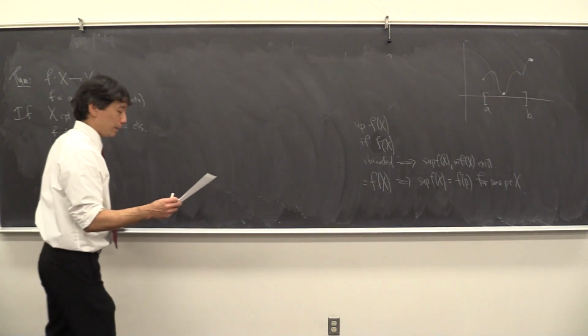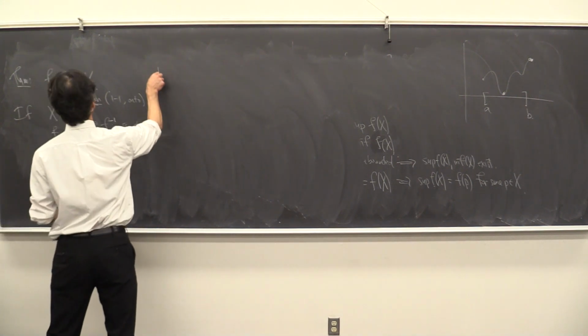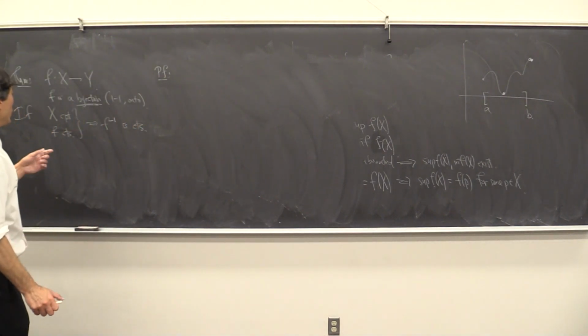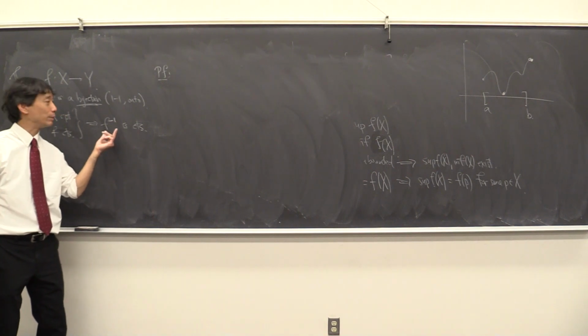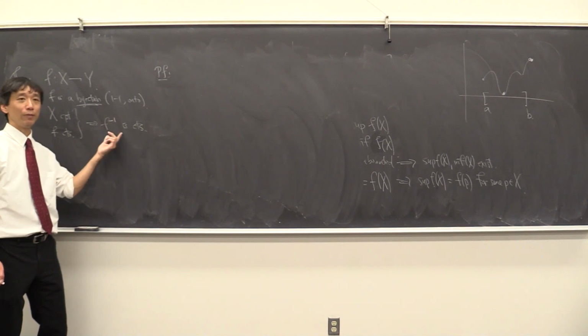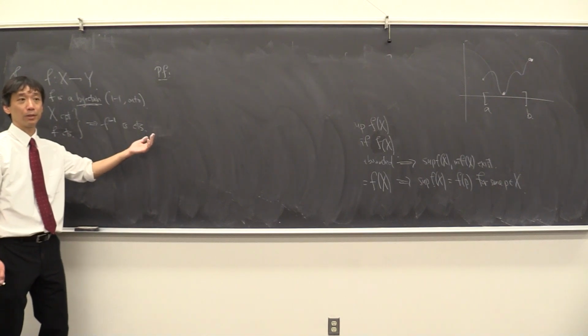Okay, so the proof goes like this. We want to show that the inverse map is continuous. That means the inverse of the inverse map is going to take open sets to open sets.